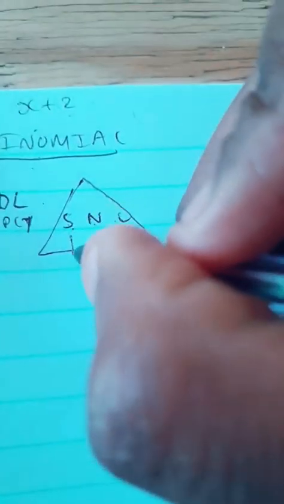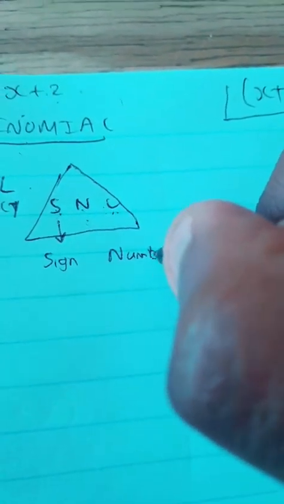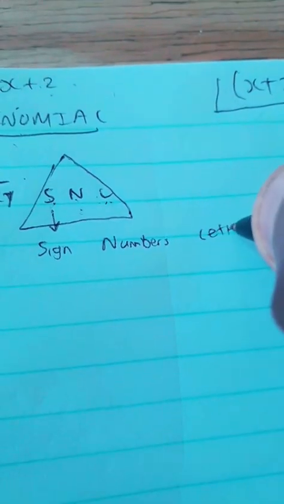Guys, you may have seen S and L when you are watching a particular movie, and it does not really go down so well when you are watching a movie and it has S and L. It means something when you are watching a movie. But in maths, when you are dealing with a monomial multiplying a binomial, the S stands for you multiply the signs first, you multiply the numbers next, you multiply the letters next.